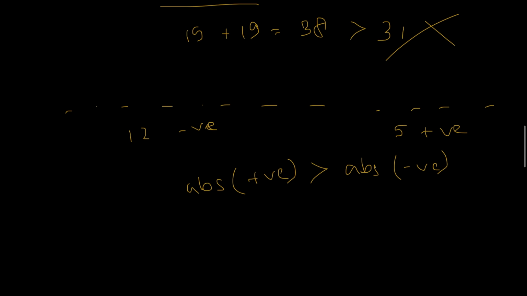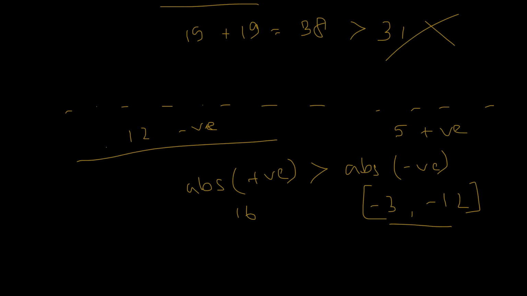Let's say positive has a value 16, and negative has values in the range minus 3 to minus 12 only. So 16 is of course greater than the absolute value of any of the numbers on the negative side. So we can transform all the negatives to positive, and since there are 12 negative numbers, we can do that in 12 operations. Then we will use our remaining 19 operations to make the whole array positive.